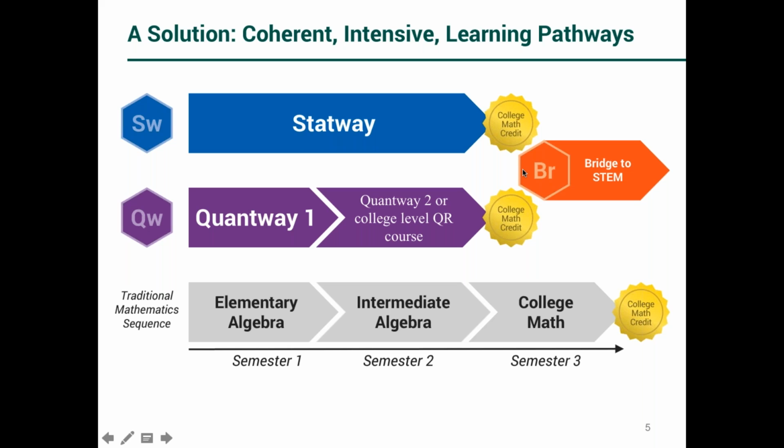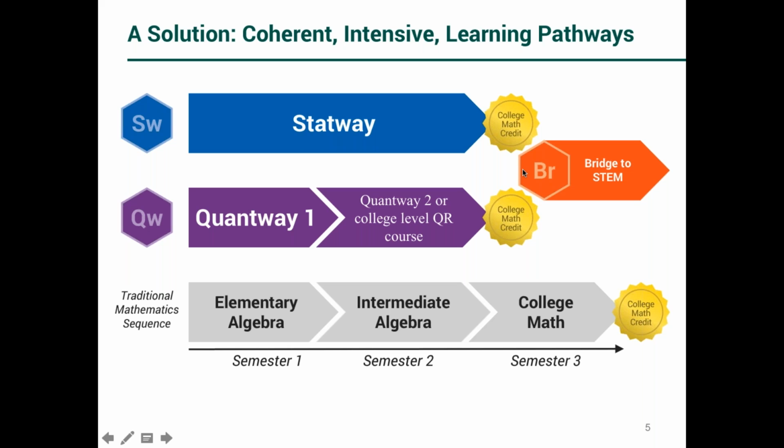So our accelerated approach to statistics helps students get to and through their math credit in less time than the traditional sequence. As you know, a traditional sequence for students who place into developmental mathematics can be, as this shows, 3 semesters to complete college math, but in some cases it can be 4 semesters or even 5 semesters. What Statway does is it reduces the time to a single year.